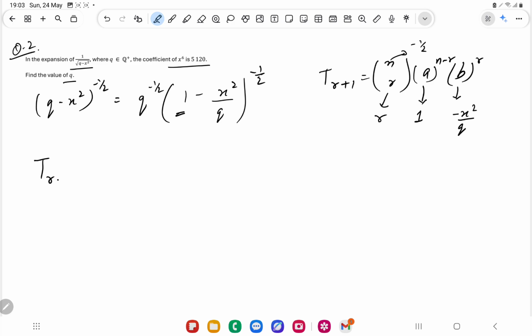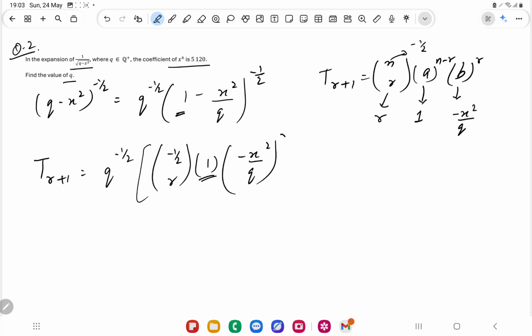So if I write the general term expansion, I will first write minus this. Now this will be minus half Cr, 1 to the power anything, we don't even have to write this, minus x square by q to the power r.